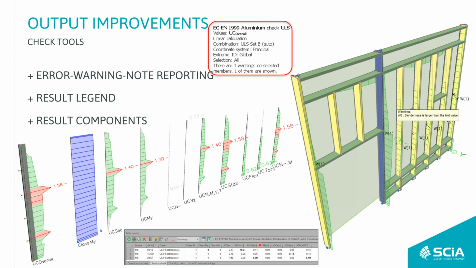Moreover, in the case of the table results, if you double click on some value in a cell, you will get a window with detailed output related to the value which is calculated. For example, if I double click here, I will get information about the unity check, which is calculated at the position of 0.9.